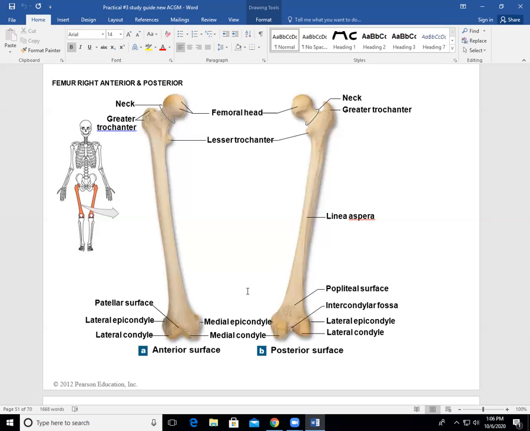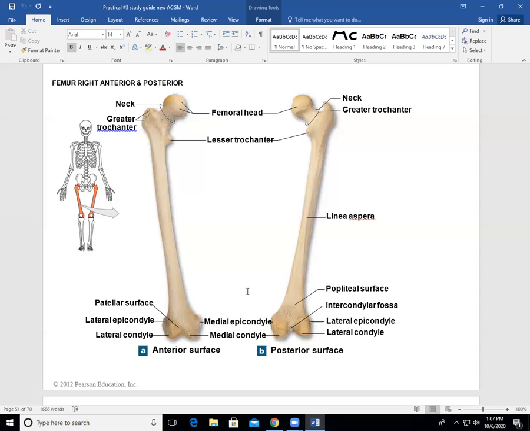So I'll give y'all a few minutes to locate those. Yes, the intercondylar fossa. If you see that, that's the posterior side. So telling right from left on this, essentially, personally, I would look at the distal surface.